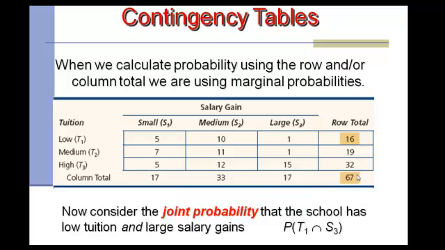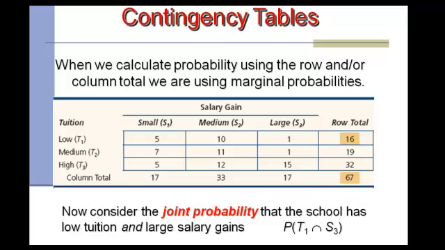Those are both called marginal probabilities. But we can also do something called a joint probability. In this case, I'm asking you, what is the joint probability that the school has low tuition and large salary gains?